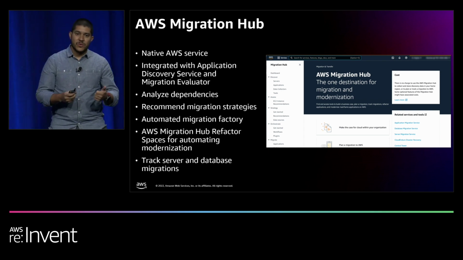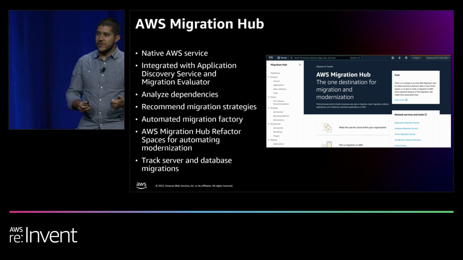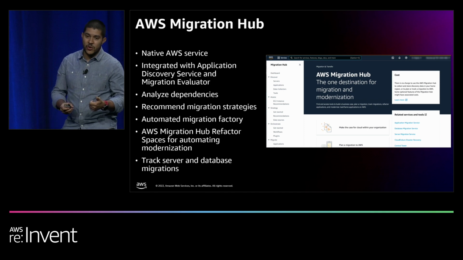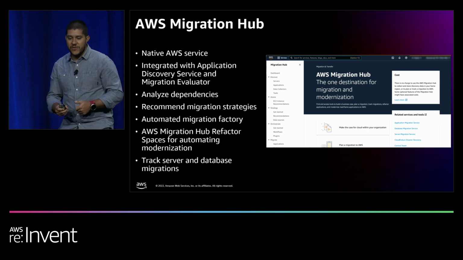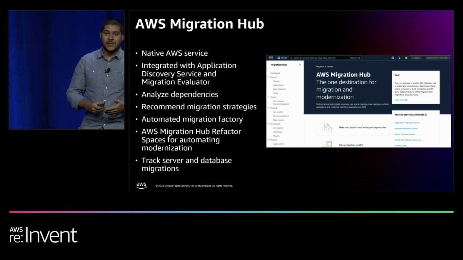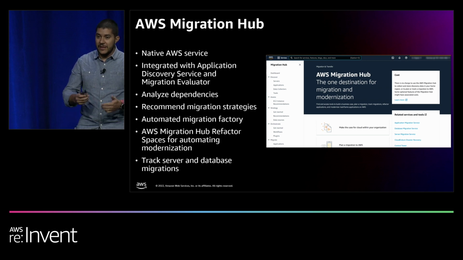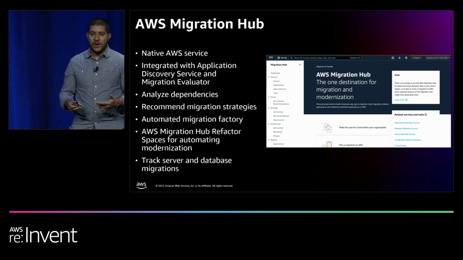We can also get recommendations from the feature strategy recommendations in the Migration Hub. Those recommendations are based also in the 7 Rs, so it's aligned with the MPA feature. For large migrations, we have Migration Hub Orchestrator that can automate some processes for large-scale migrations.